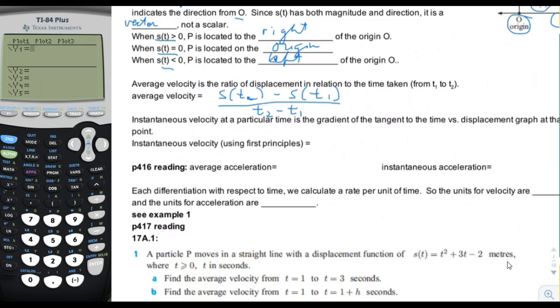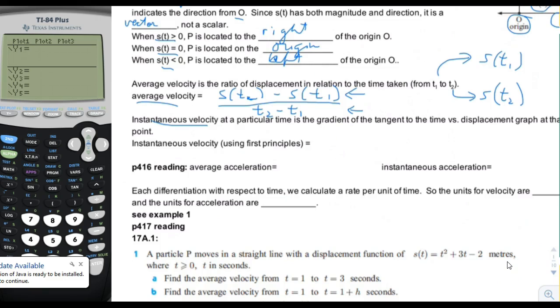When you're at T1, you happen to be at displacement S(T1), and when you're at T2, you happen to be at displacement S(T2). So at the top, you take the difference between the two displacements, and at the bottom, the difference between the two times, and that will give you average velocity.